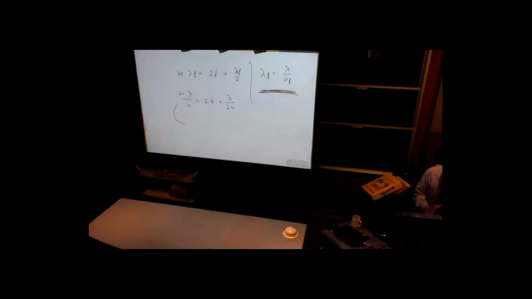And we have to solve it for lambda, because we know that for the visible spectrum in air, that's important, the limits are about 400 nanometers and 700 nanometers.